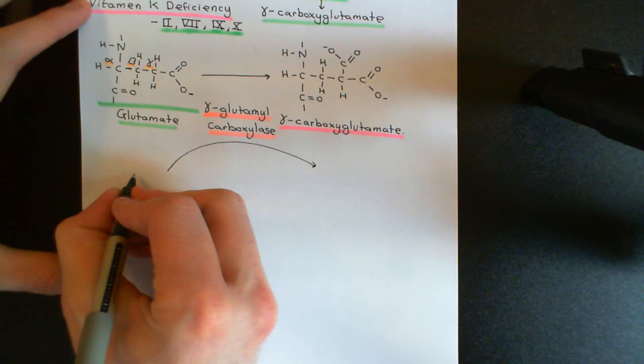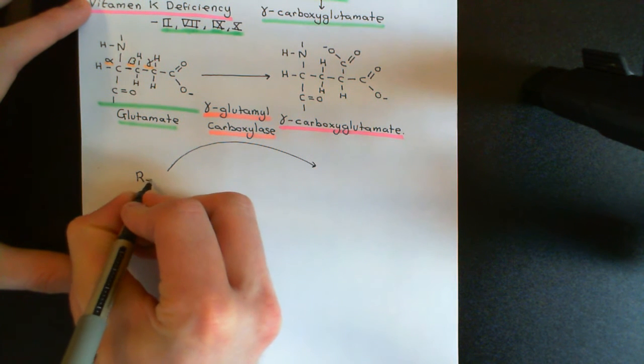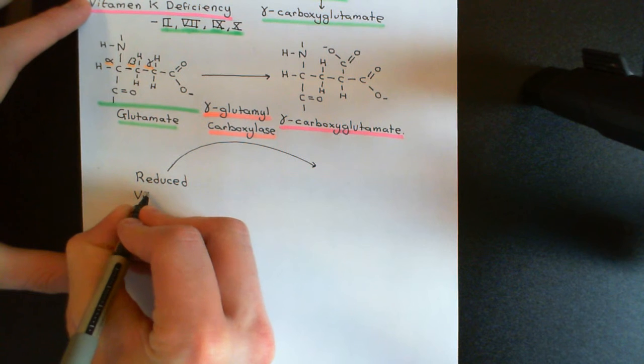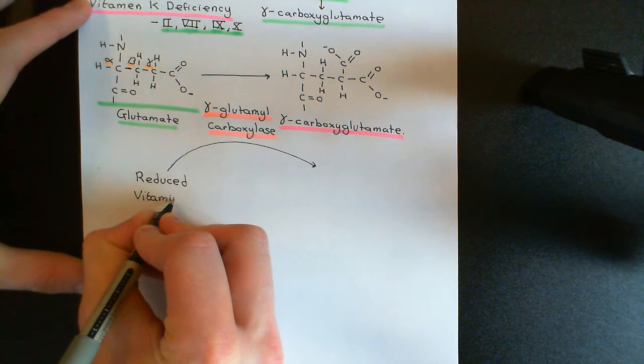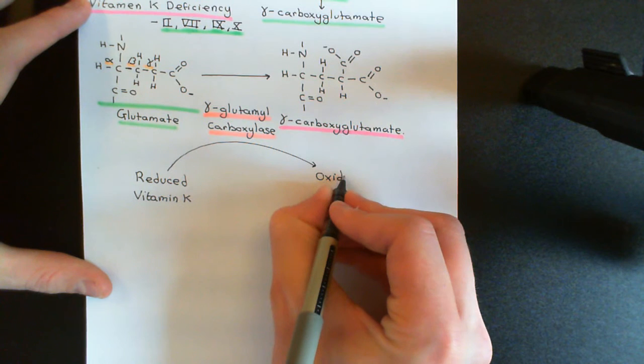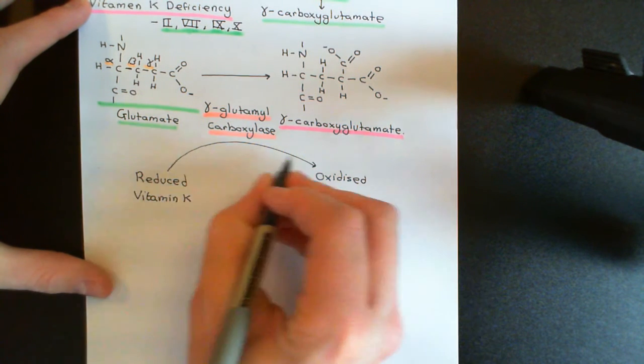Okay, it's going to also have to turn a molecule, a form of vitamin K, which we'll call reduced vitamin K, and it will turn it into a form called oxidized vitamin K. Okay, and this will give up two hydrogen atoms.